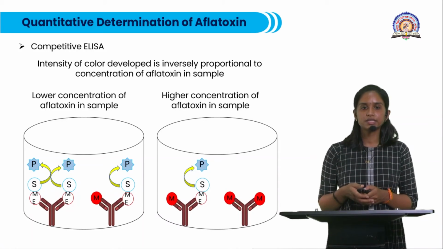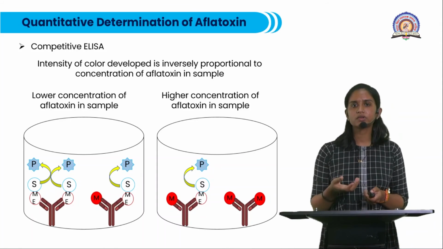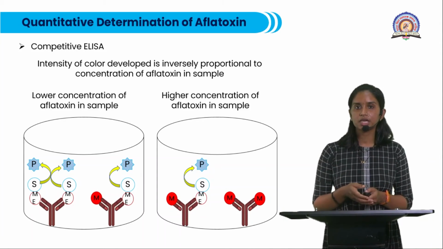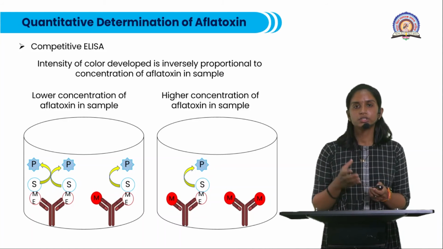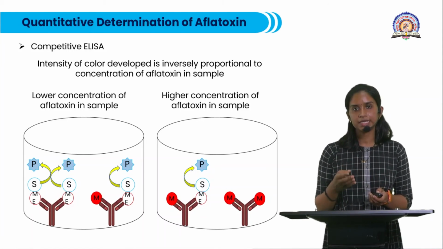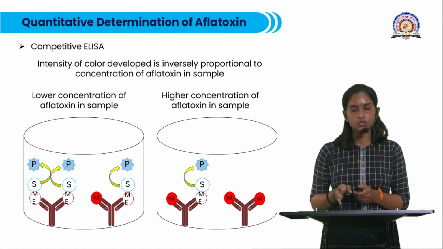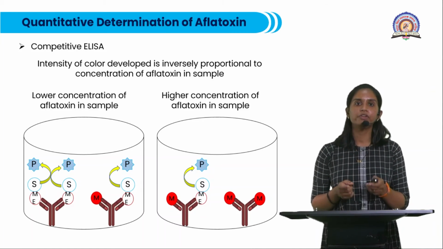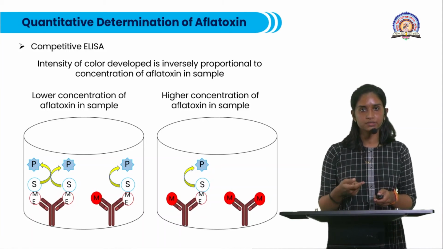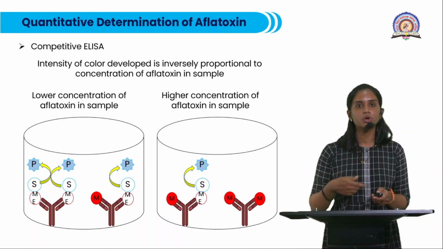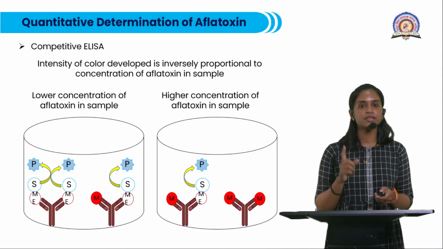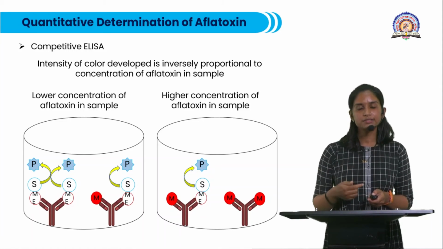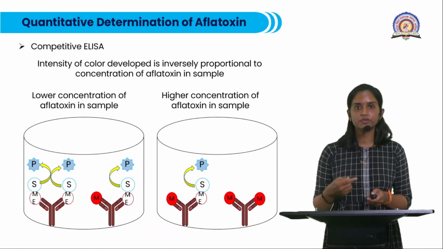Then in the second case, there is a higher concentration of aflatoxin present in your sample. Now what will happen in this case? Again, the concentration of mycotoxin enzyme conjugate is constant. So the mycotoxin molecules present in your sample will compete to a greater extent and occupy more sites. That means less enzyme conjugate will be present in the microtiter plate, so fewer substrate molecules will be converted into product.